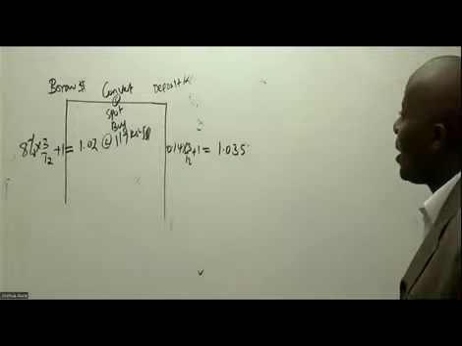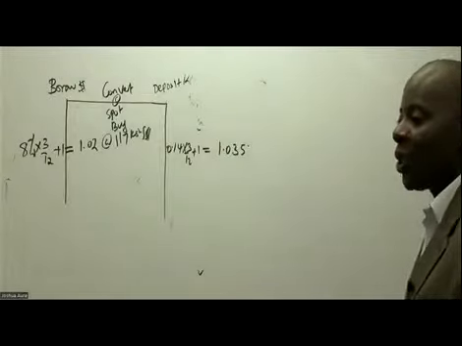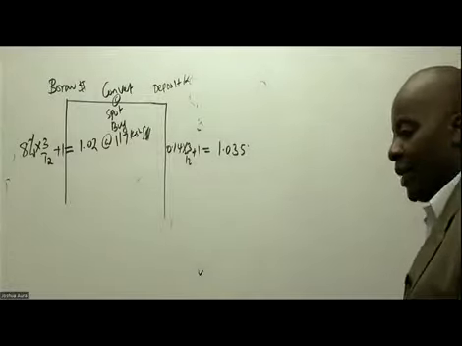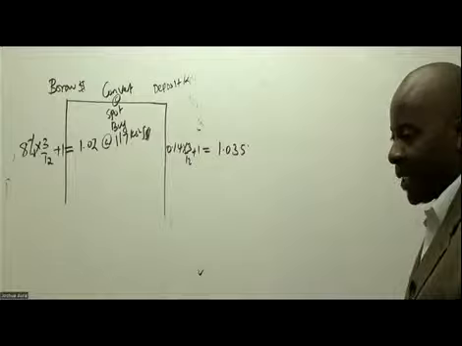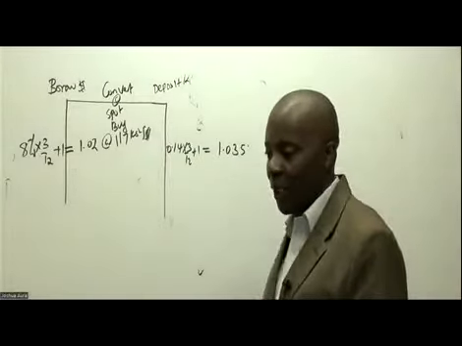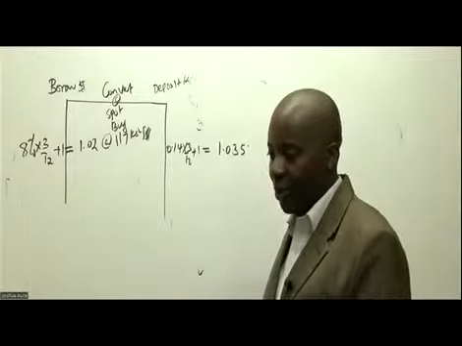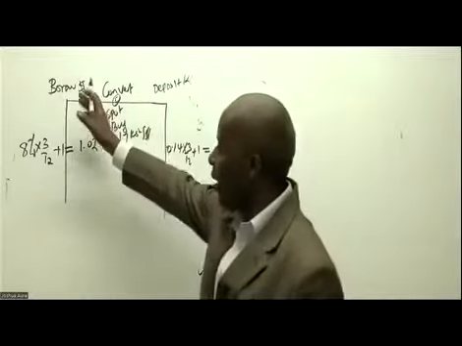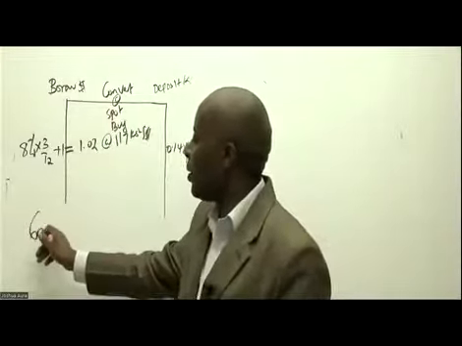Remember, this gentleman is supposed to be receiving how many US dollars? Remind me the figure. 6 million. So where should I put these US dollars? In the dollars column, isn't it? 6 million US dollars.